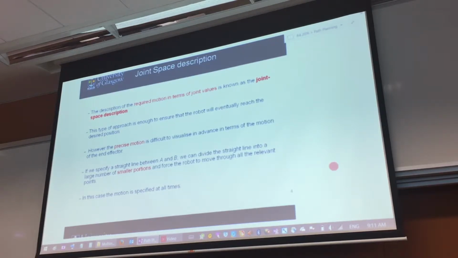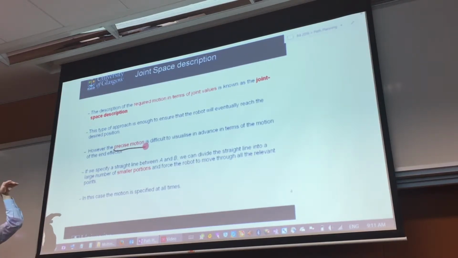So these are the two differences. Your joint space description will afford you a more precise motion. Although if I say this first link at 30 degrees, that 140, and this one at 10 degrees, it's hard for you to imagine in 3D space how this is going to be positioned compared to if I have an XYZ coordinate.